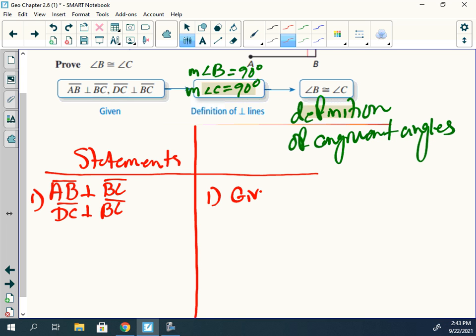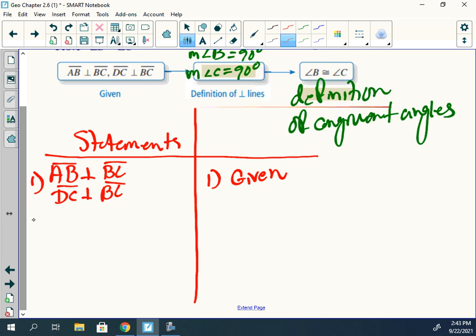This is just our given information. And that's what we started out the flowchart proof with. Our second statement was that the measure of angle B is equal to 90, and the measure of angle C is equal to 90.